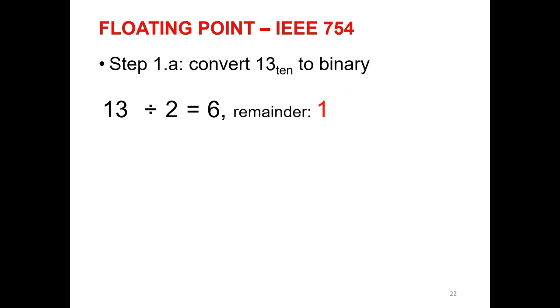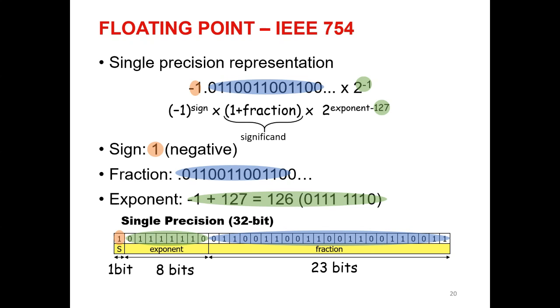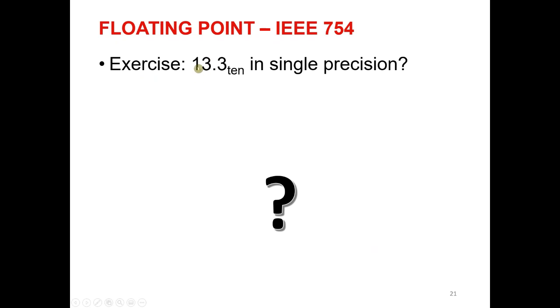If I want to convert from a decimal number the integer part, which means the part before the point, in this case the 13, I need to divide by 2. But if I want to convert the part after the point, the decimal part, I need to multiply by 2. So for the integer part, I divide by 2. For the decimal part, I multiply by 2.